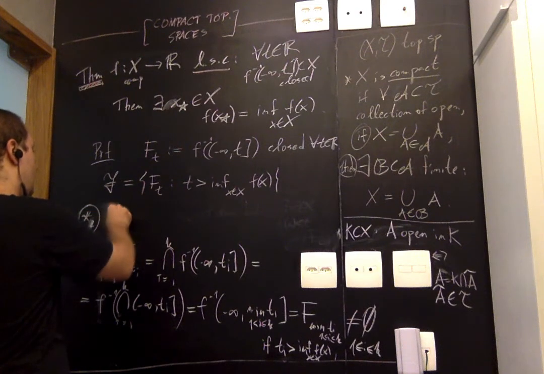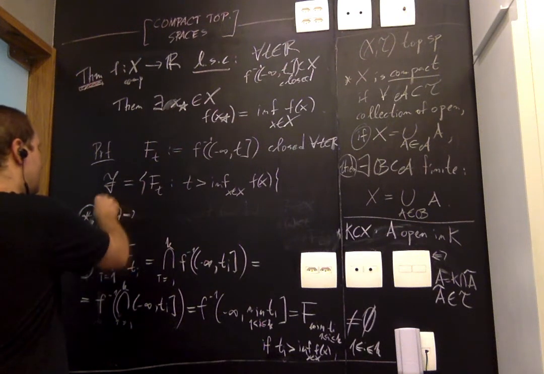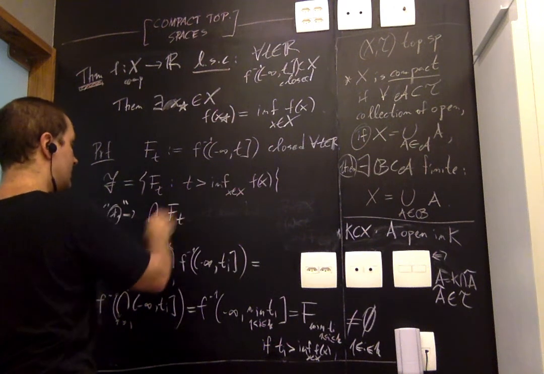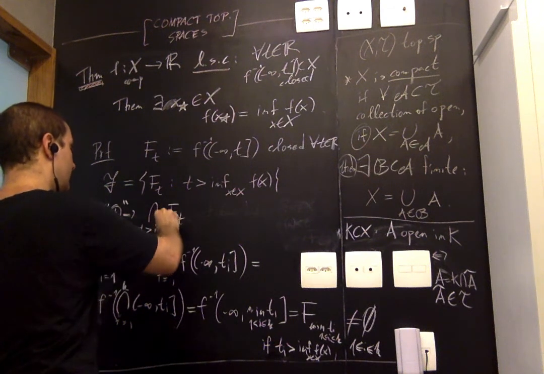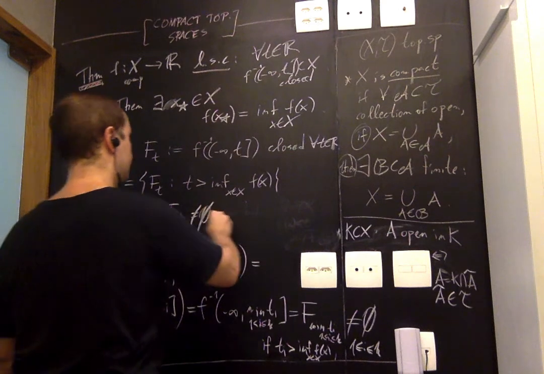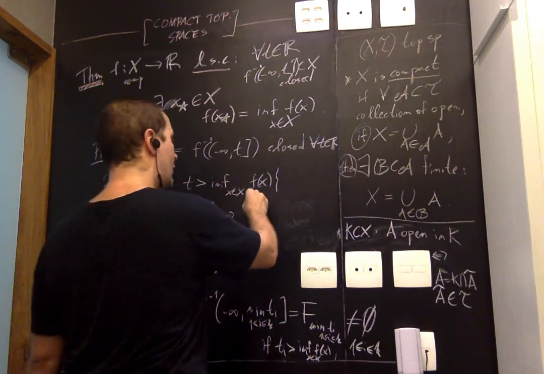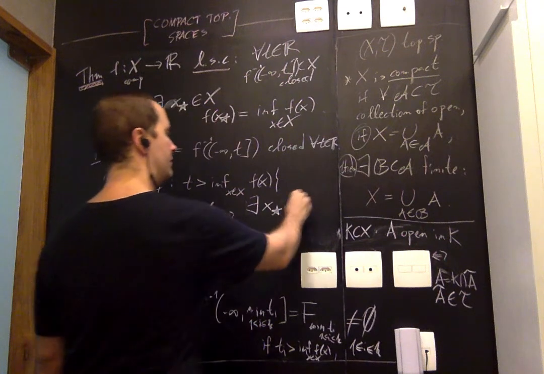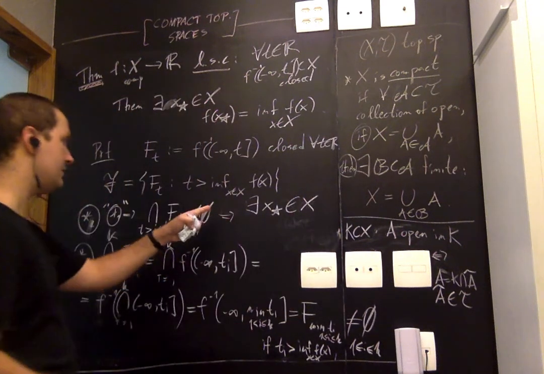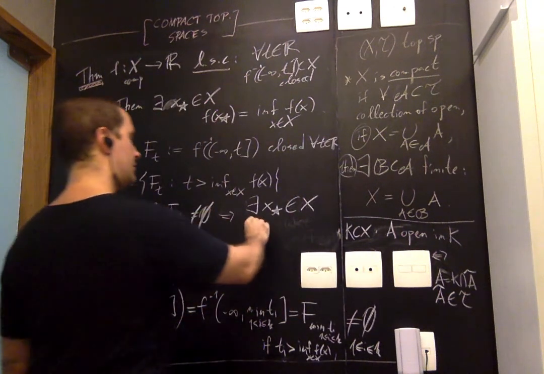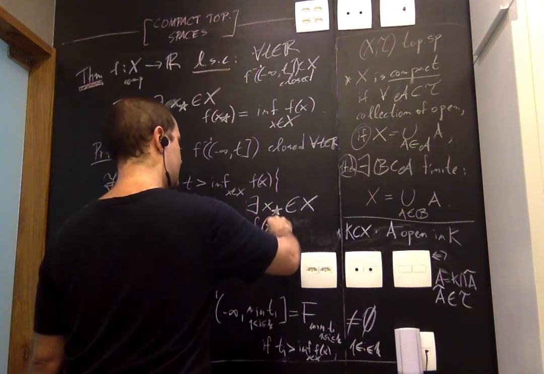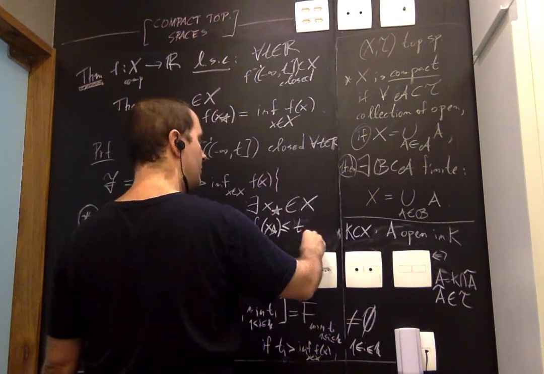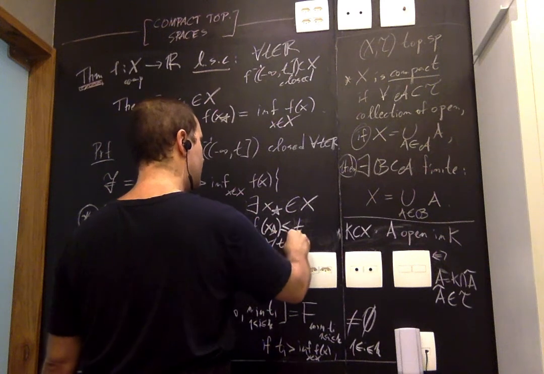So the guy below actually implies that the intersection of all f sub t in this collection, t greater than the infimum, is non-empty. And therefore, there exists an x star in this intersection. So what is that? It's an element of X such that f of x star is less than or equal to t, for all t greater than the infimum.